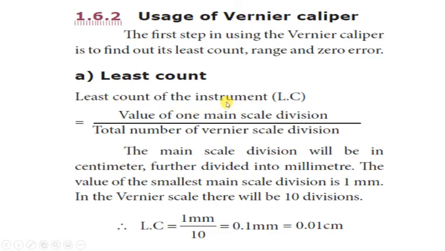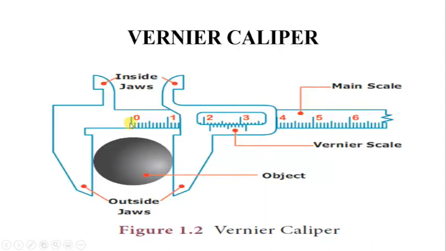Least count of vernier caliper, capital L C, is equal to the value of one main scale division divided by the total number of vernier scale divisions. Here in this picture, one main scale division is 0 to 1, divided by the total number of vernier scale divisions.